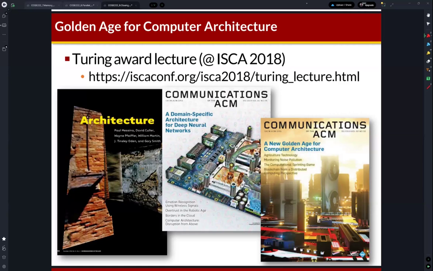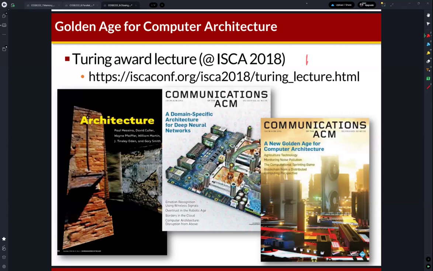If you are interested, you can click this link, watch the YouTube video, and watch the Turing lecture by David Patterson and John Hennessy. They explain the golden age of computer architecture.